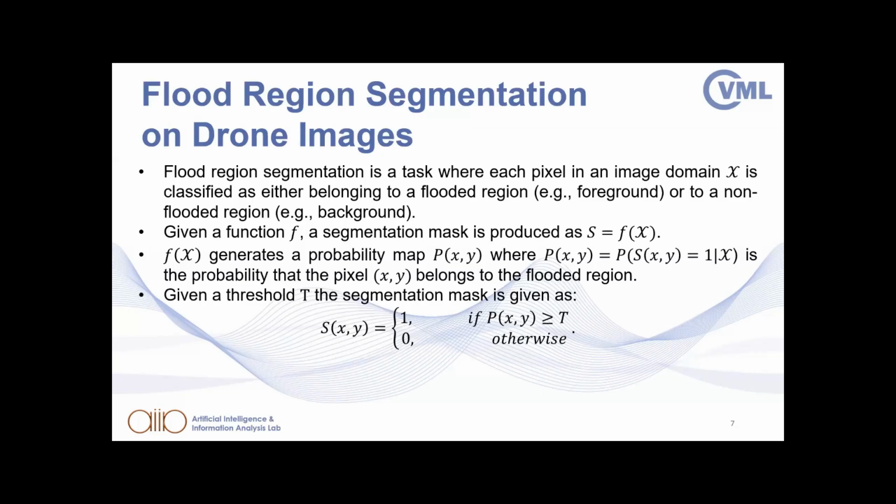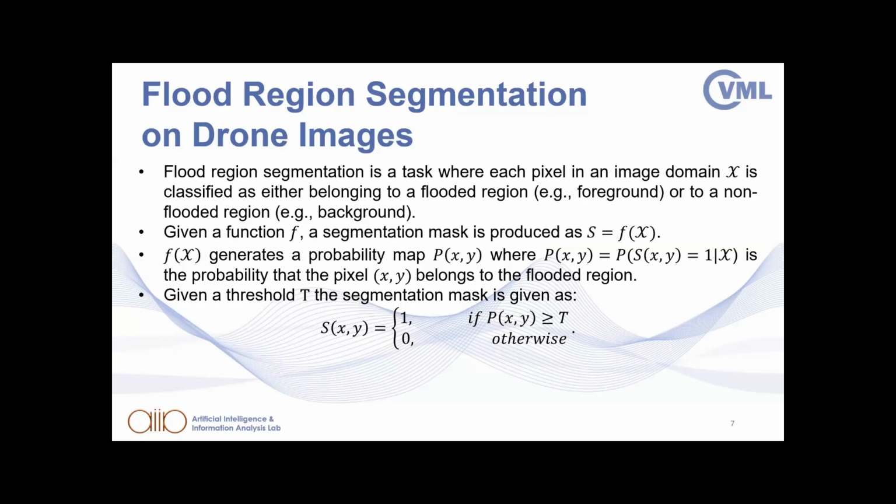This slide explains how flat region segmentation works using a process called pixel classification. The idea is that each pixel in an image represented as X is classified as either part of the flat region, which is the foreground, or not, the background. To do this, we use a function f, which generates a segmentation mask.